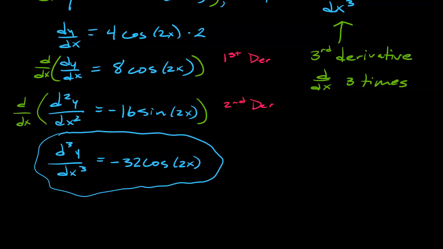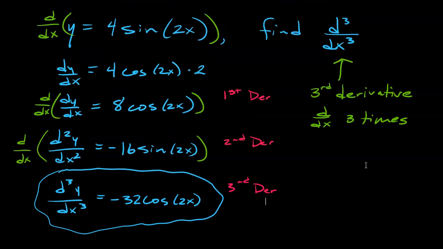Now, most likely once you get comfortable with this, you'll basically just be doing this in your head, because once you see the patterns, it's not as confusing. So sine and cosine are traditionally what the AP exam will give you to do higher order derivatives.